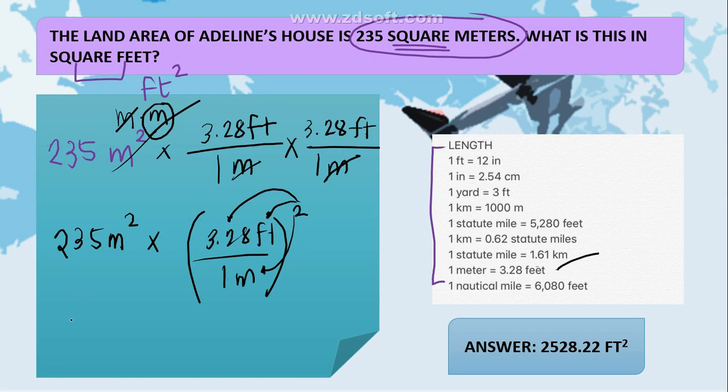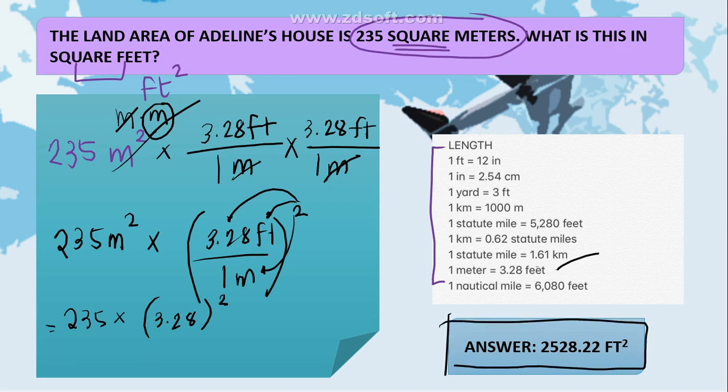So, all you have to do is now 235 multiplied by 3.28 squared, since in-square nga natin, you will arrive to the answer 2,528.22, and then your unit is square feet, since eto magiging meter squared. Pag na-distribute na to, makakancel tong buo. And then you will get feet squared or square feet. So, this is the final answer.